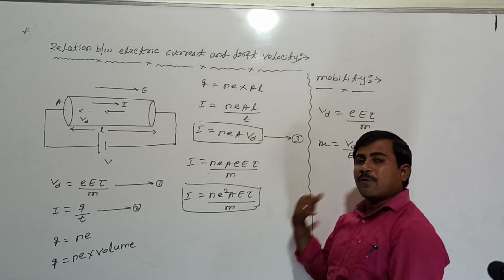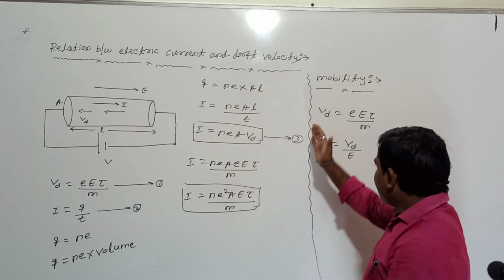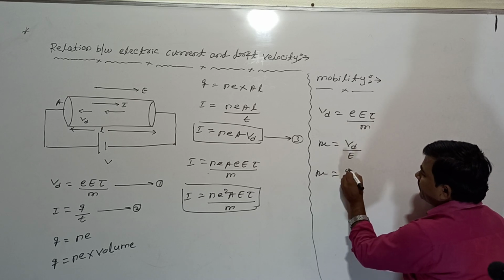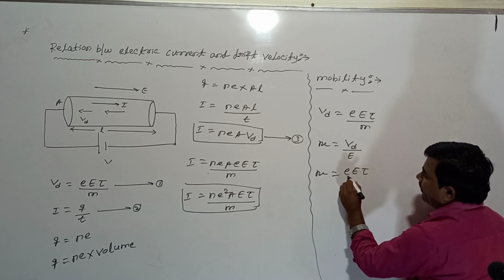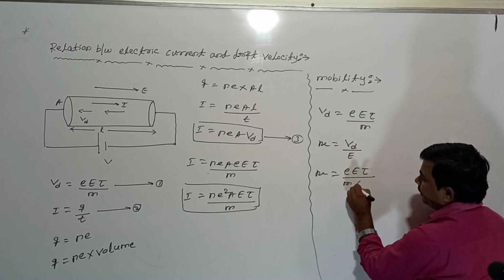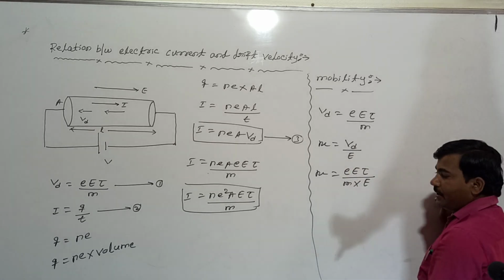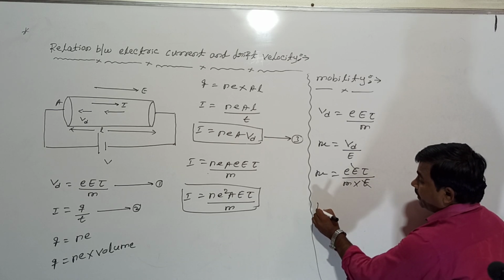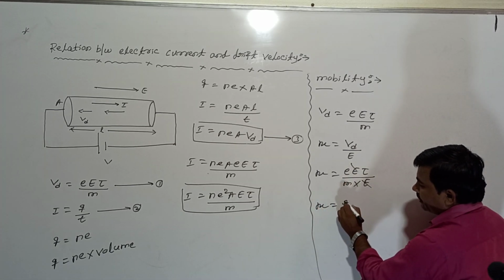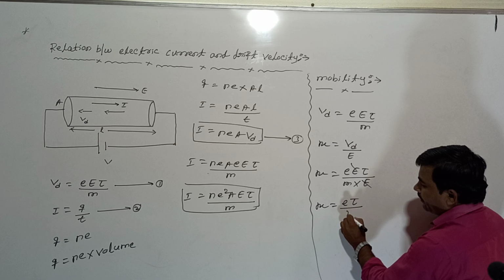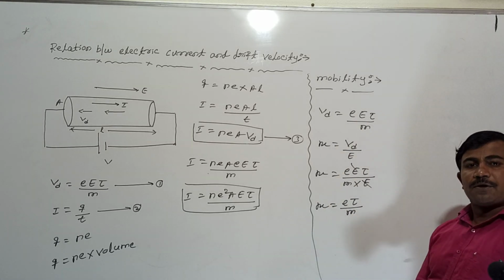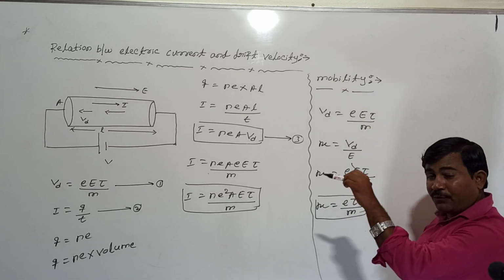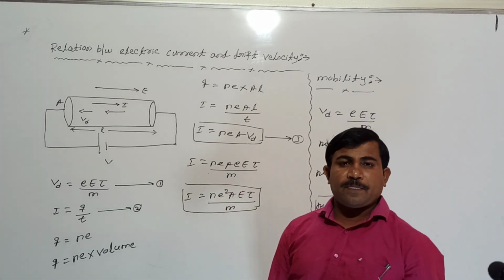See here, mu equals Vd divided by capital E, which is small e capital E tau divided by m into capital E. Here capital E cancels. Then mobility is e tau divided by m. This is the expression for mobility of an electron moving in a metallic conductor.